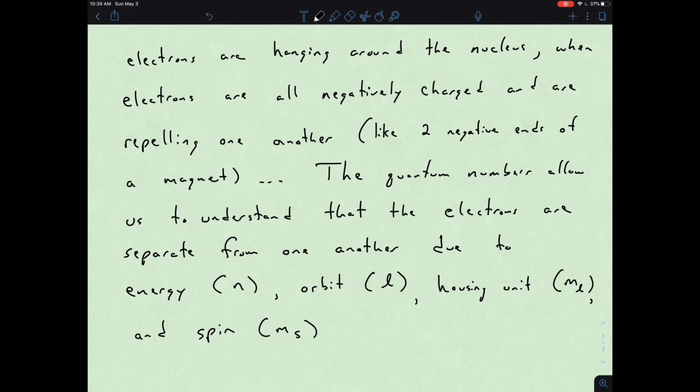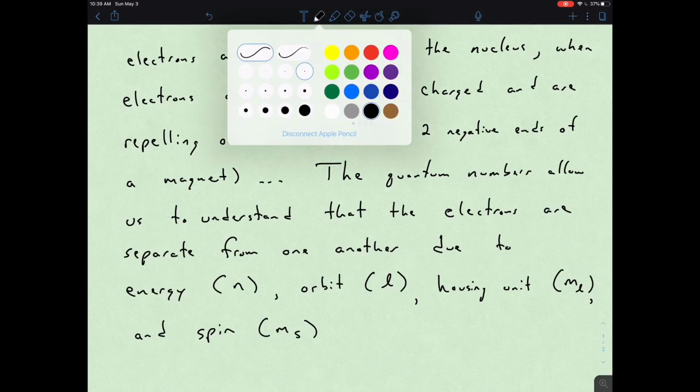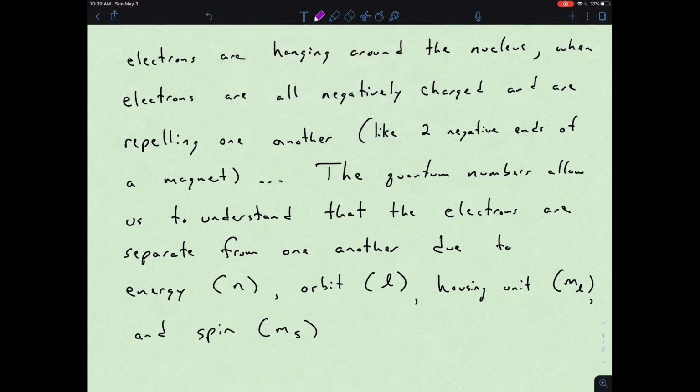So that's really what the 4 quantum numbers are allowing us to do, to get a model together to split these electrons up so they're not all in the same region. They're in different energetic regions, in different orbits.